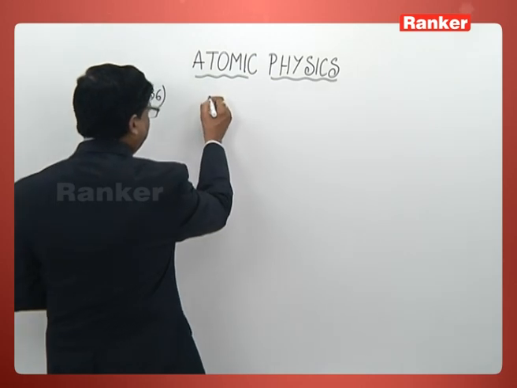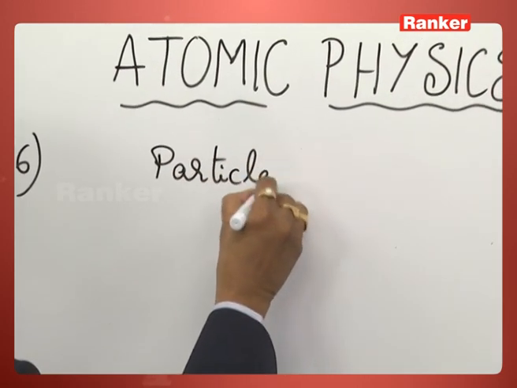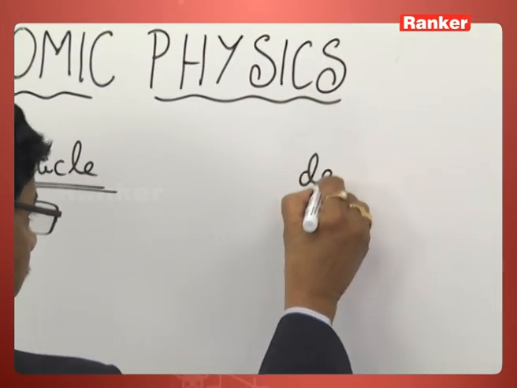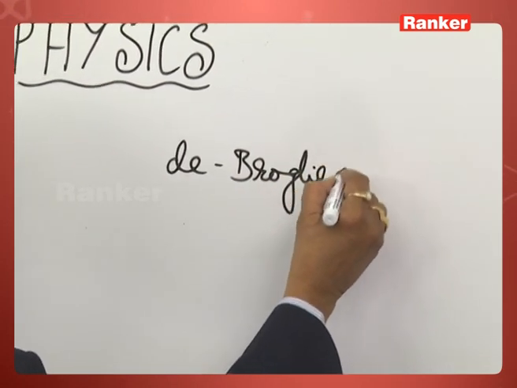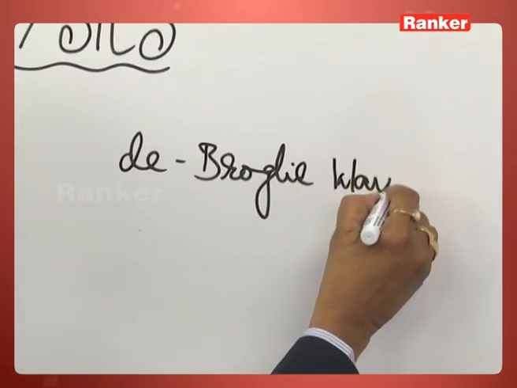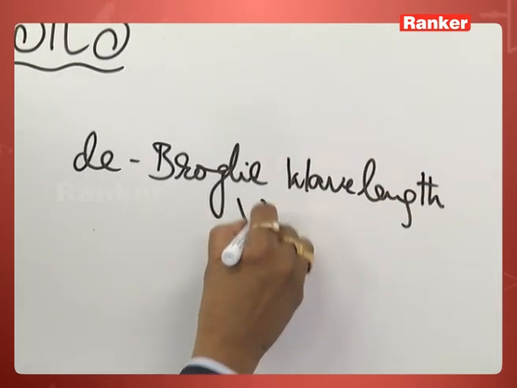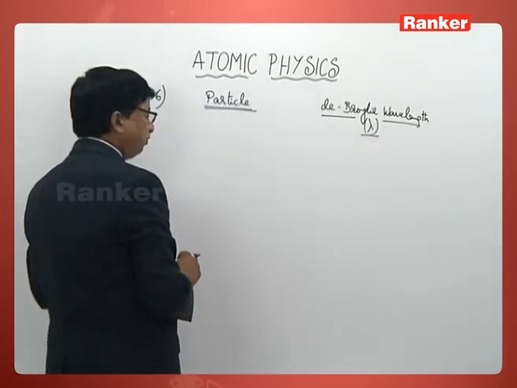Particle is in the first column, and de Broglie wavelength, that of course is lambda, he has given in the second column.